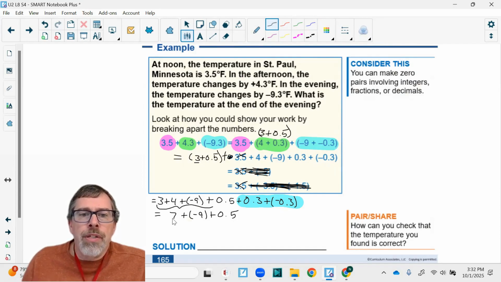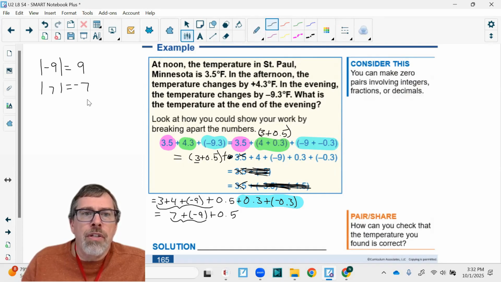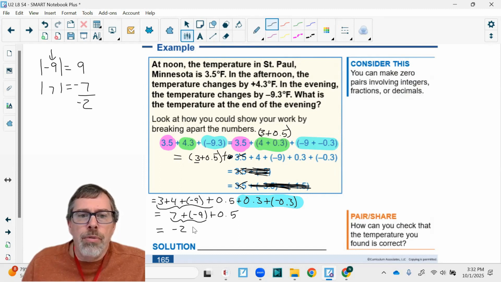I'm going to focus on the integers now. We take the absolute value of the bigger number, which is 9, take the absolute value of the smaller, 7, and when the signs are different, you subtract and you get 2. You take the sign of the larger, so it's negative. So this is going to become -2 plus 0.5.